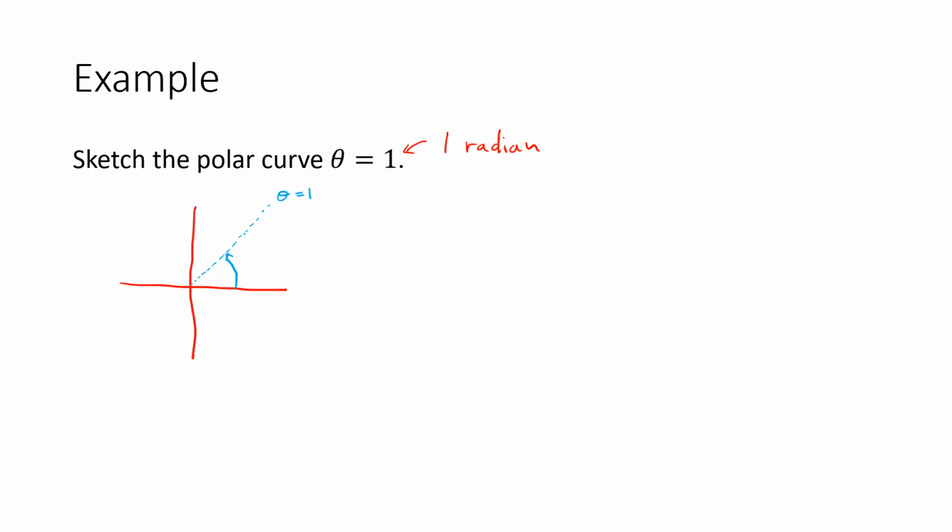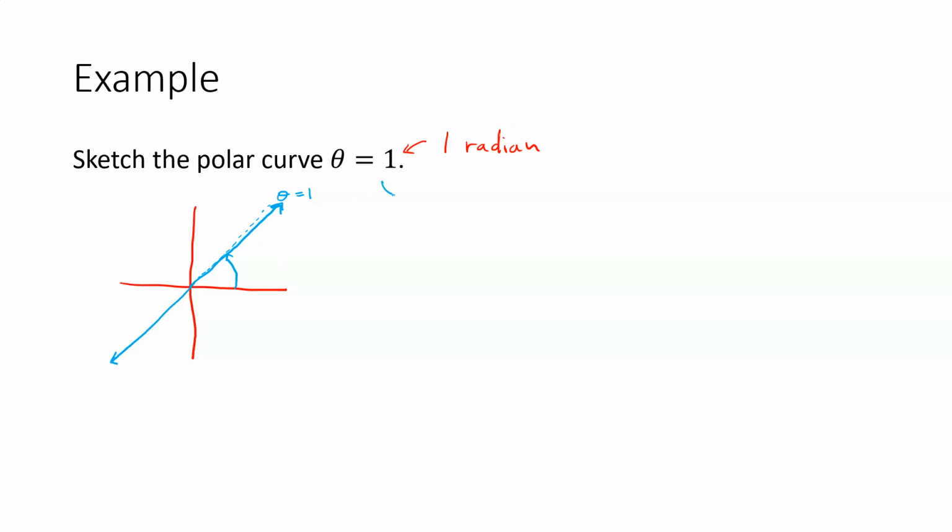So any point that lands on this line here would be a point on this curve. So positive radius would be on the side that's in quadrant 1, and we can also extend it into quadrant 4 for the negative radius.